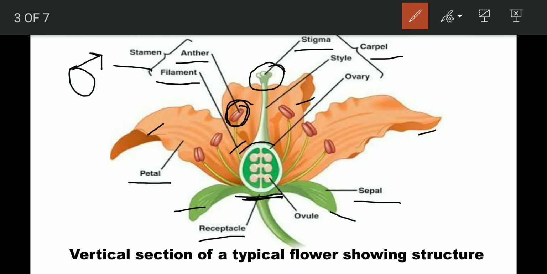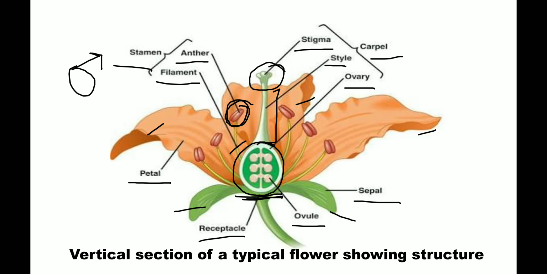This basal swollen portion is called the ovary, and inside the ovary are present small seed-like structures called ovules. The tube-like portion connecting stigma to the ovary is called the style. In this way we have discussed all the parts of the flower, or the floral appendages. Is it clear to all of you now?